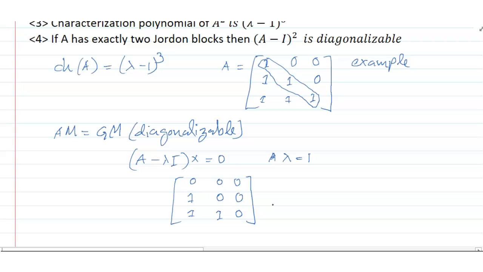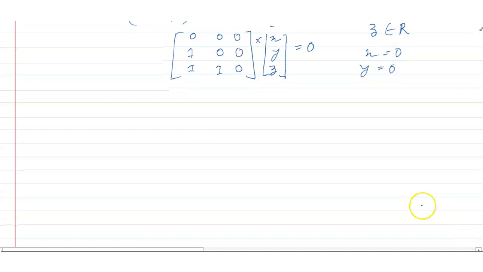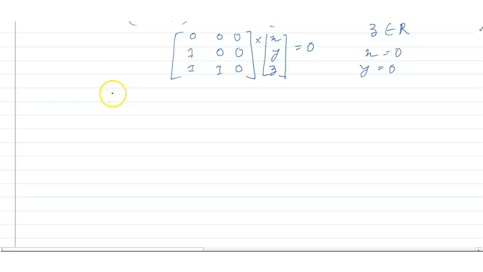And another equation is x, y, z equals 0. So we get z belongs to R and x equals 0 and y equals 0 from these equations. So our x is, we can get only one eigenvector, that is (0, 0, 1).